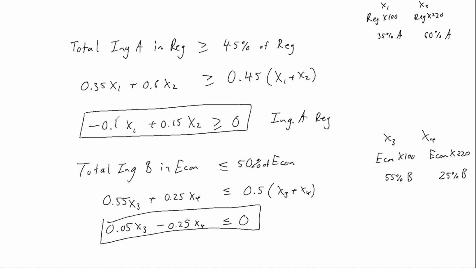So negative 0.1 and positive 0.15 for the first part, and that should be greater than or equal to 0. And then the other one is positive 0.05 and negative 0.25, and that should be less than or equal to 0. I'm going to put this in the Excel and then I'll share my screen on that in just a sec.